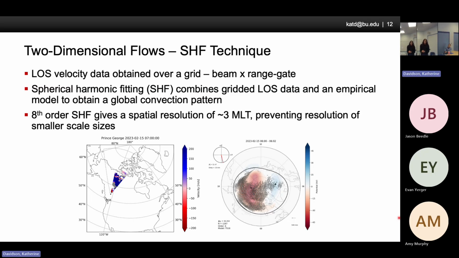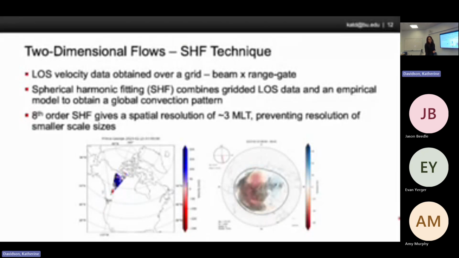So the SuperDARM radars provide line of sight velocities, and we need to transform those to two-dimensional flows. The original method for doing this is using a spherical harmonic fit technique. This technique combines the line of sight velocity data that's obtained over a grid from SuperDARM, like the one on the left figure there.